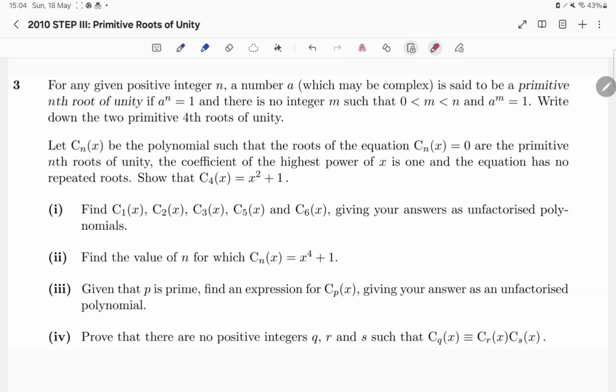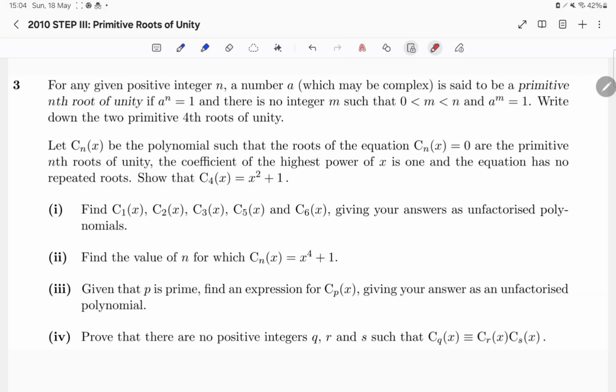Find C1 of x, C2 of x, C3 of x, C5 of x, and C6 of x, giving your answers as unfactorized polynomials. Part 2. Find the value of n for which Cn of x is equal to x to the 4 plus 1.